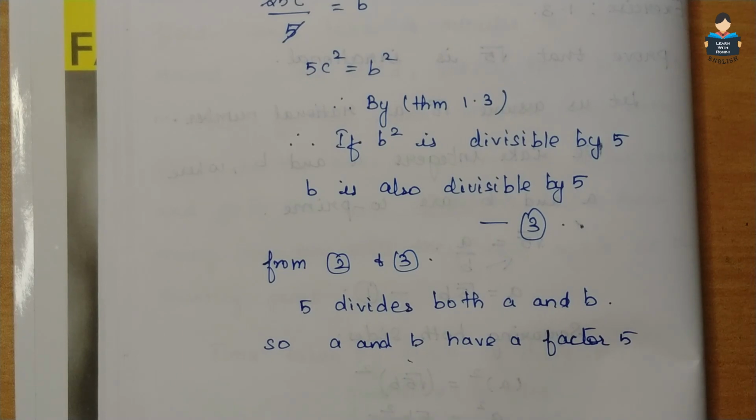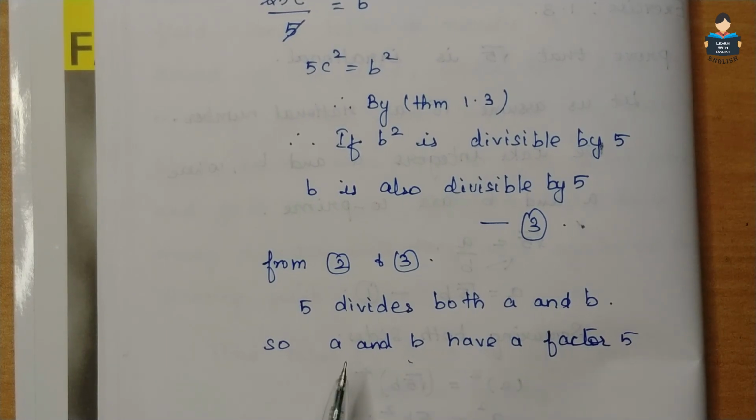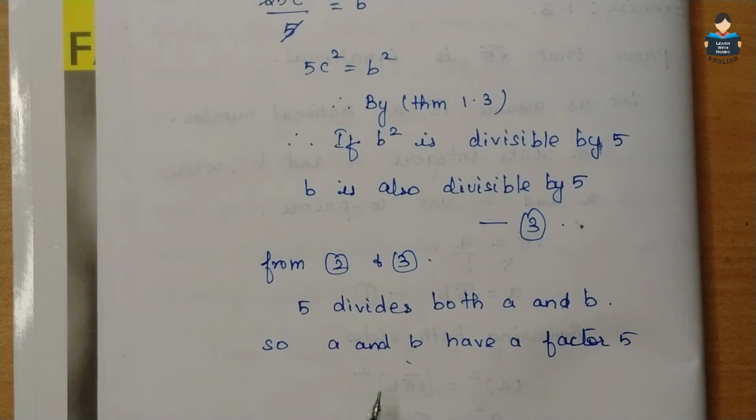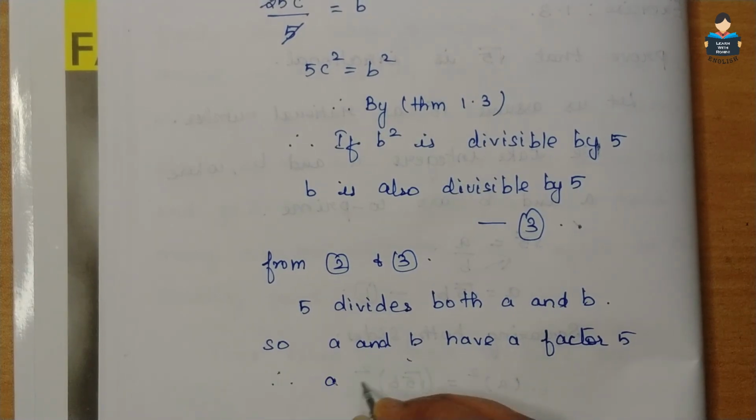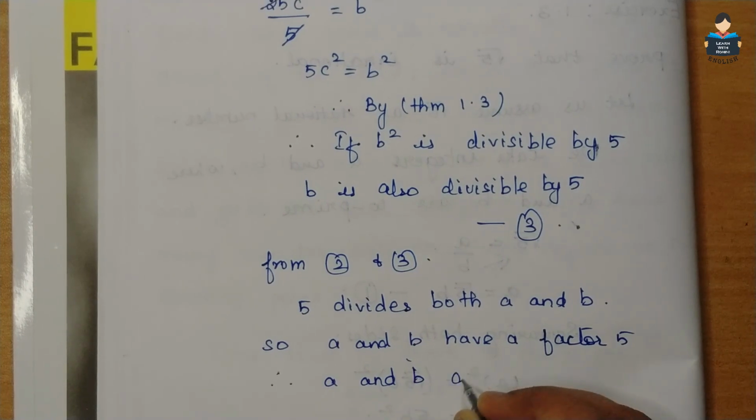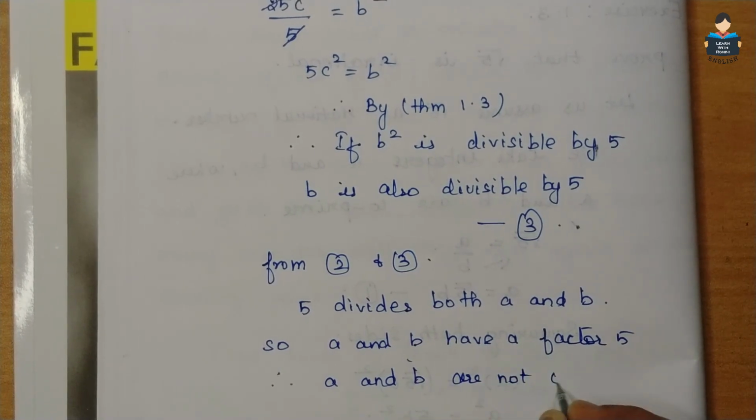But what are co-prime numbers? Co-prime numbers have HCF as 1. We have told in the first statement that A and B are co-prime. But here we have got that A and B are not co-prime. Therefore, A and B are not co-prime.